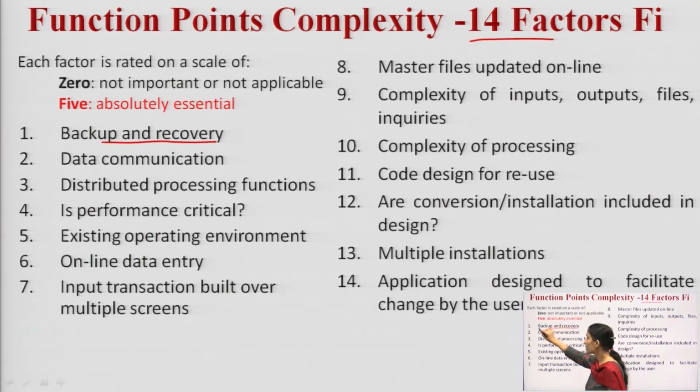Suppose backup and recovery, then data communication, distributed processing functions, performance critical, existing operating environment, online data entry, input transactions, master files updations, then complexity of input output files, complexity of processing, code design, then our installation included, multiple installation and application design to facilitate. These are the parameters for deciding the complexity of a program. They are being scaled from 1 to 14.